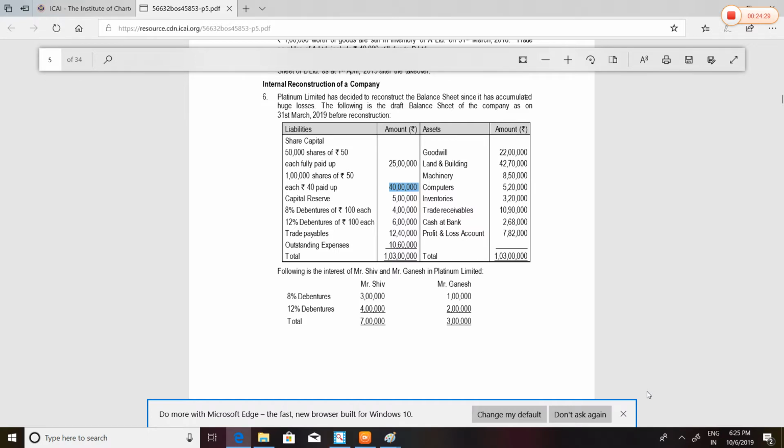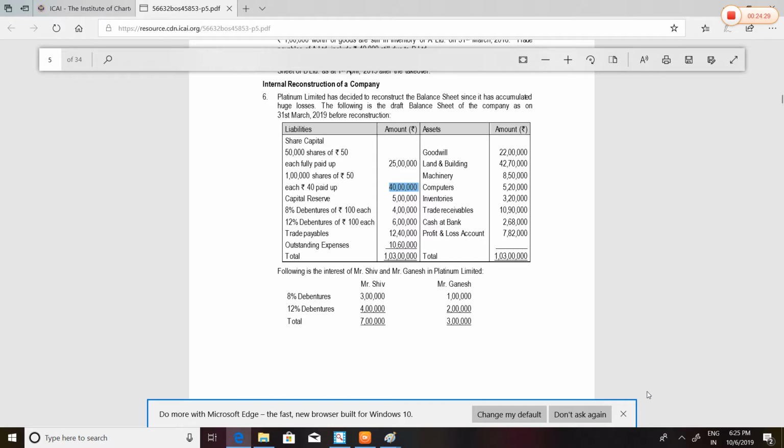Any other amount, 7,20,000 machinery. I hope the rest are small. I'll just make the entry for you. Land and building account debited to capital reduction, being upward revaluation made.